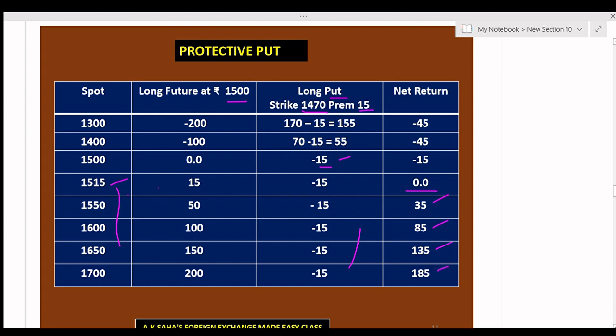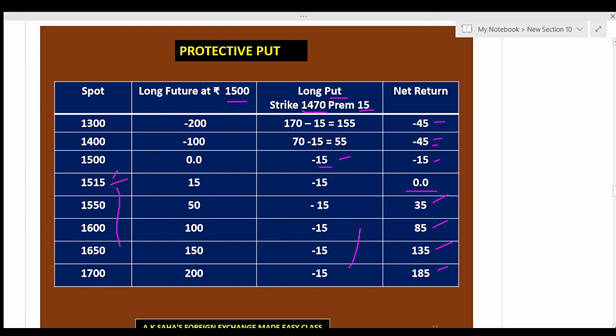If it decreases from this break-even point, the loss will start and gradually increase, and when it reaches the strike price 1470, it will remain the same, 45. Here 1470 is not shown.